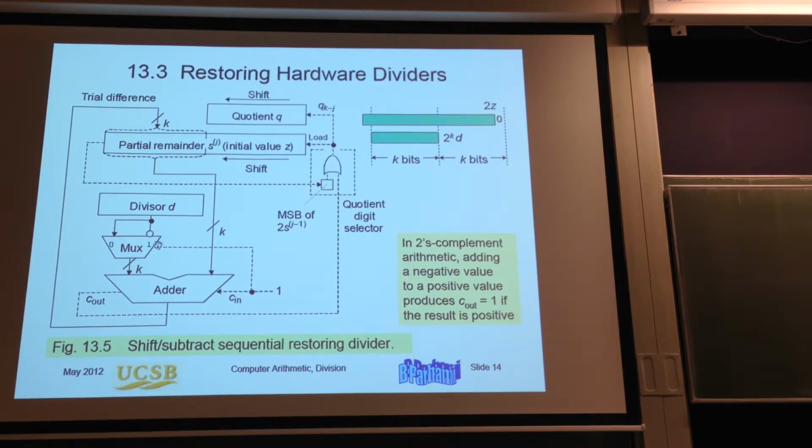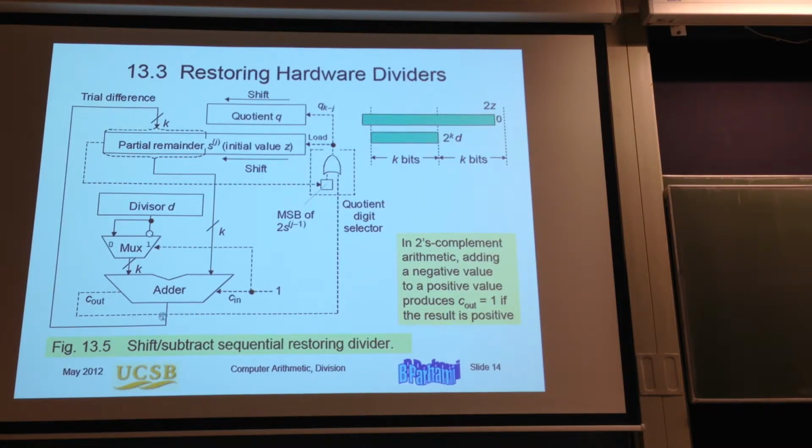But the reason why it's here is because I might also want to add, as you'll see later on, and I might also want to use this for multiplication with a different kind of setup, but the same hardware. Then I take the partial remainder, always subtract D, and get a result.